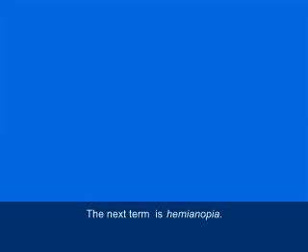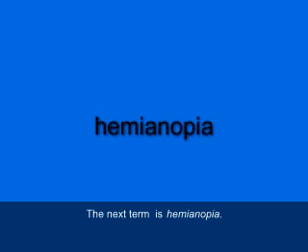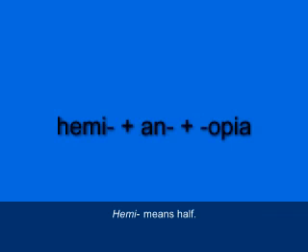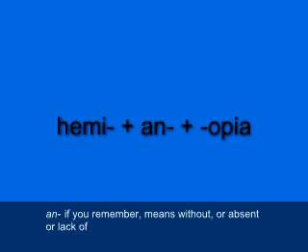The next term is hemianopia. That word seems a little bit tricky, but we can break it down into its parts and it's easier to understand and spell. Hemi means half.